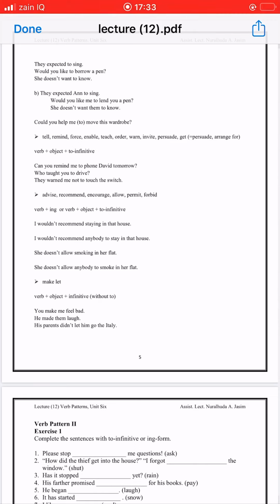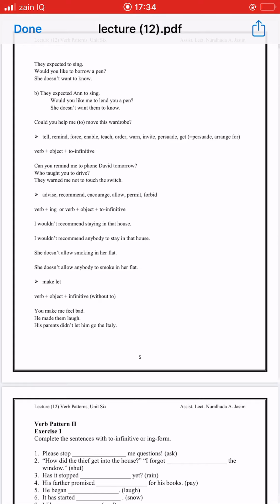Here we used the infinitive, preceded by "anybody", which is the object. The object can be a pronoun like his, her, me, them, or a noun, like "anybody" here, or any other noun.